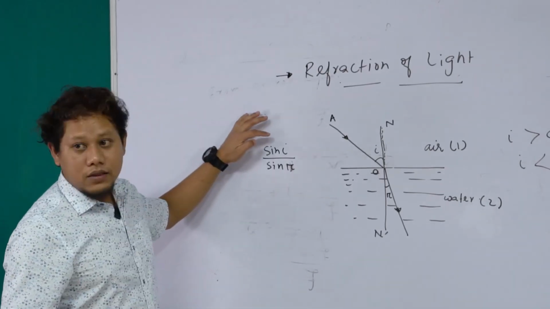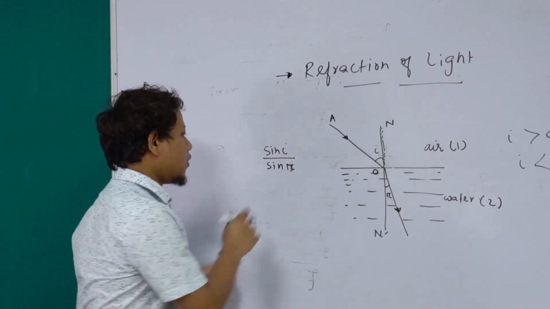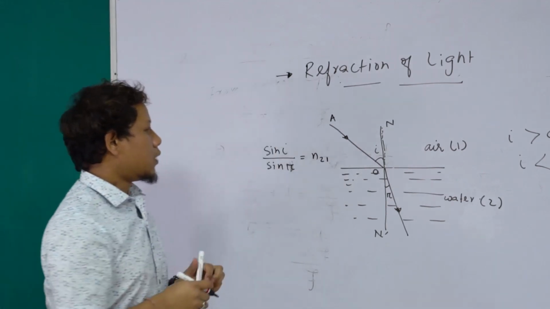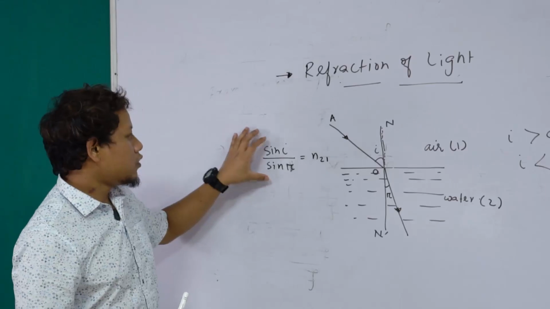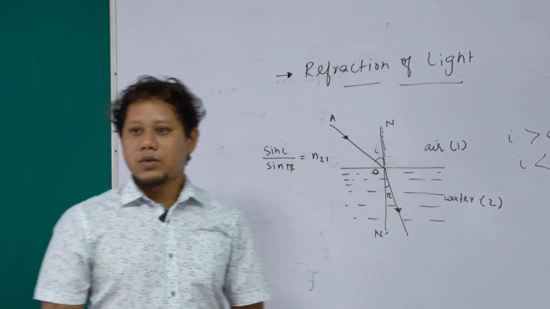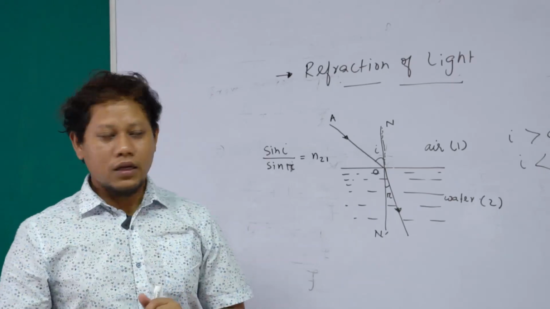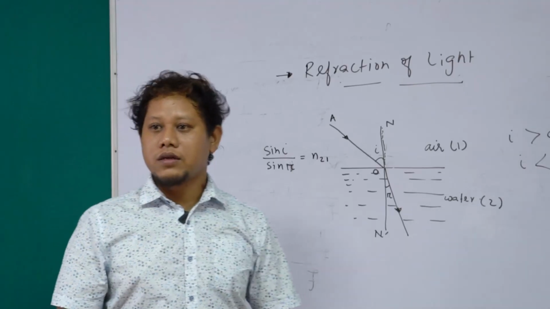The ratio of the sine of the angle of incidence to the sine of the angle of refraction is always constant, and that constant we can represent by n21. I'll tell you what is n21. So this ratio is always constant. You have to remember the law of refraction was experimentally given by Snell, so this expression is also known as Snell's law.